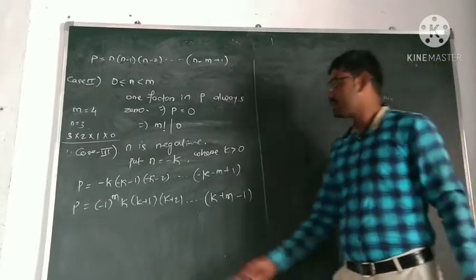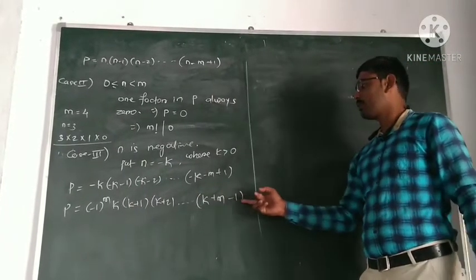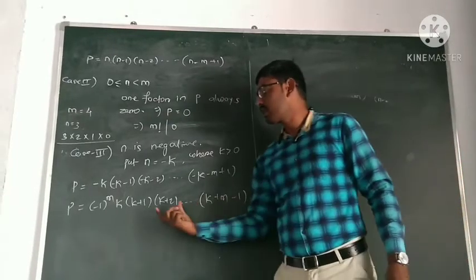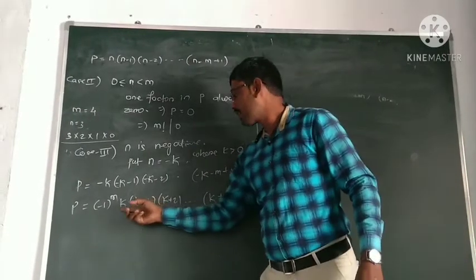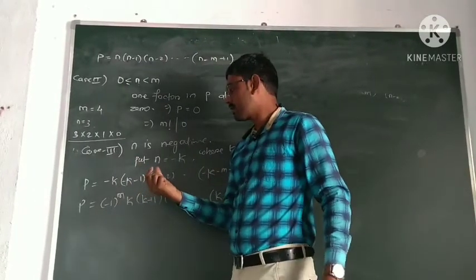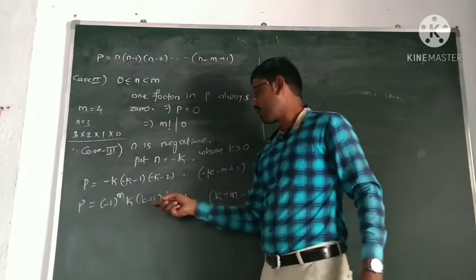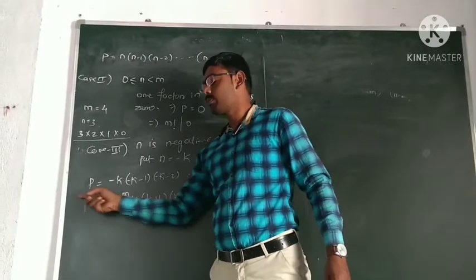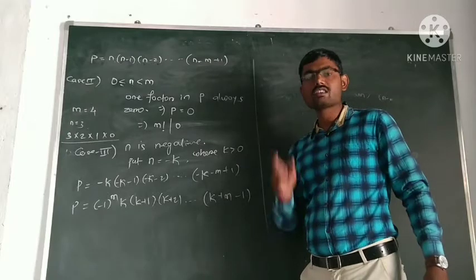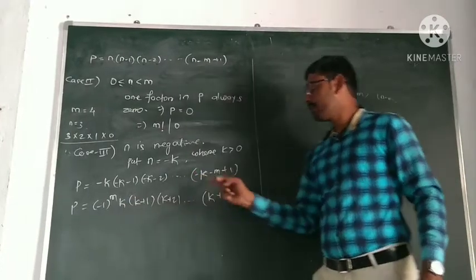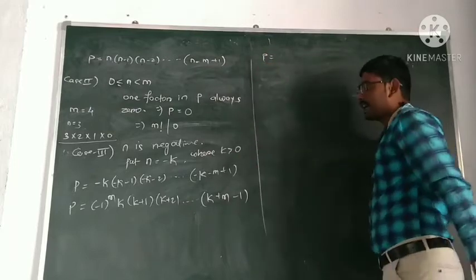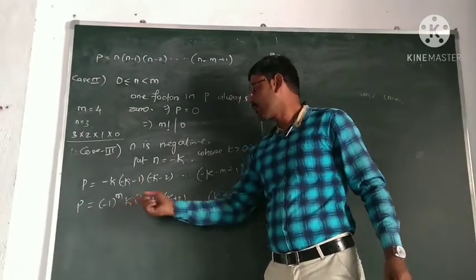Now see, this is k plus 1, k plus 2 and so on. You have to maintain some factorial term here. These are increasing terms, so we take the sequence of terms 1 up to k minus 1. Since we are multiplying by this term, we have to divide by the term to maintain the value of p. So we can write p is equal to minus 1 raised to power m as it is, multiplied and divided by 1, 2, 3 up to k minus 1.